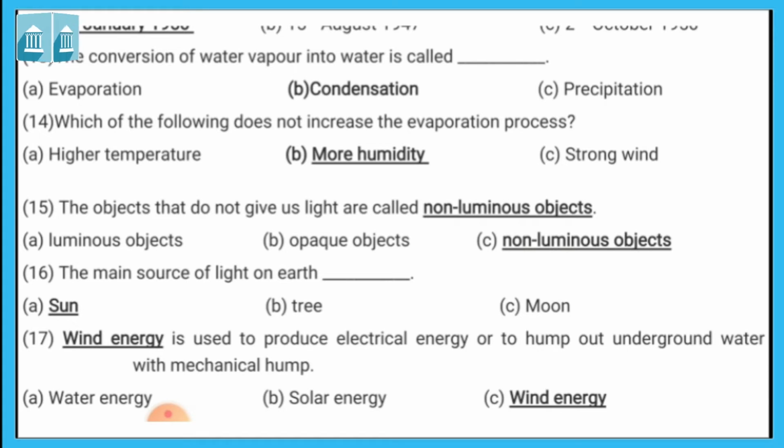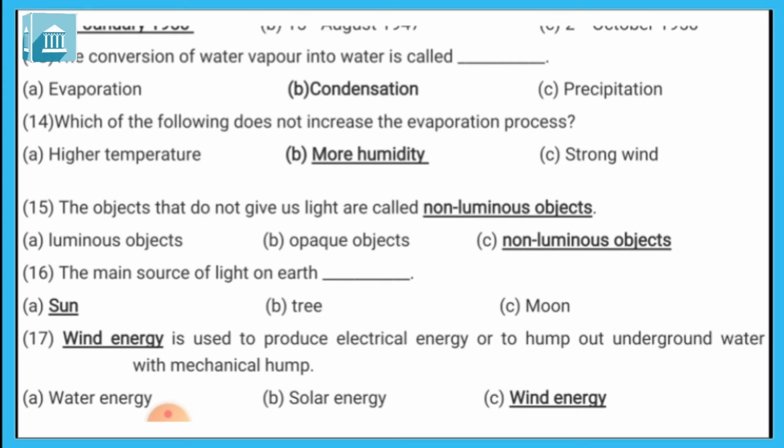When light hits the surface, it cannot pass through it. And the non-luminous object is the object that does not give us light. So the answer is non-luminous object.